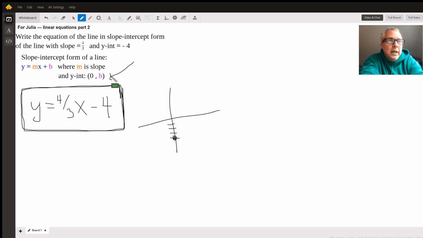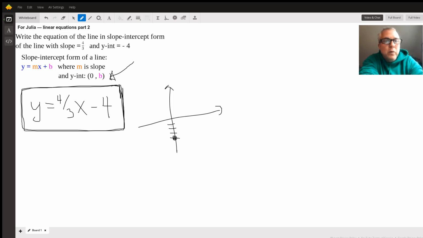What is implied is that the y-intercept is the place on the graph where the line crosses the y-axis, the vertical axis, which means that if you write it in the form of a point, x comma y, then that point is located at 0 comma b. So 0 for the x means it's on the y-axis, and then b, wherever b happens to be. This one is at -4.